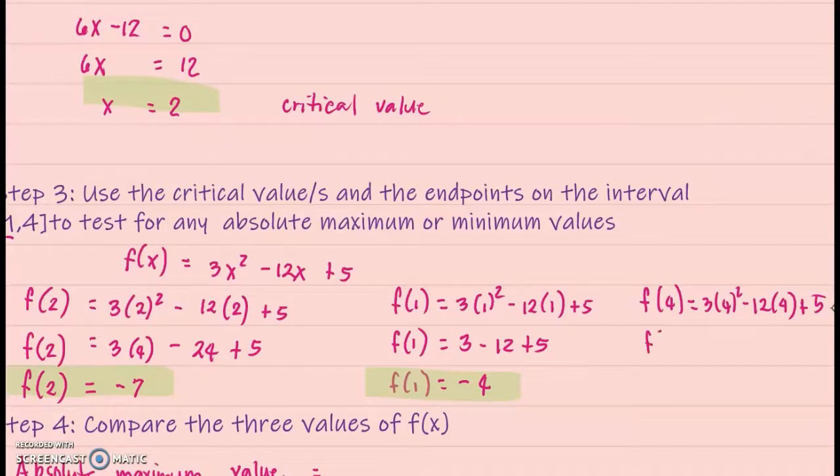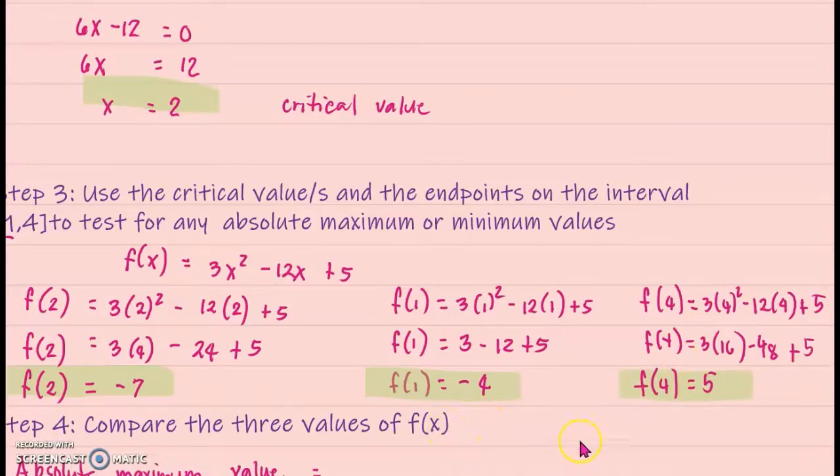So we have f of 4 is equal to 3 times 16 minus 48 plus 5. F of 4 is equal to 48 minus 48 plus 5. So we have here f of 4 is equal to 5. Highlight.